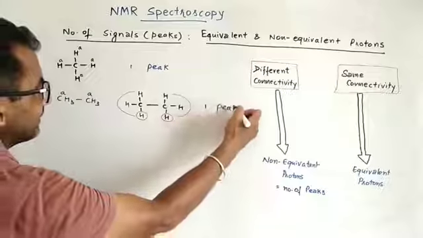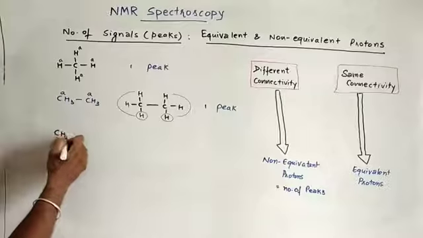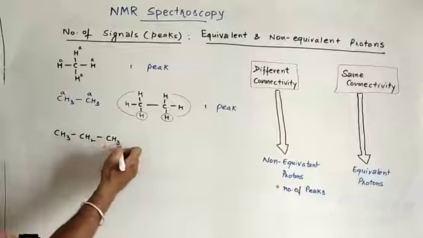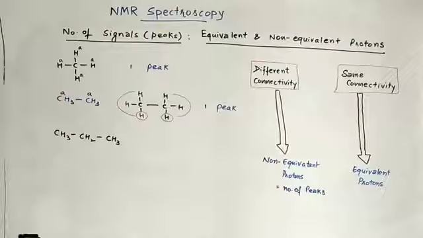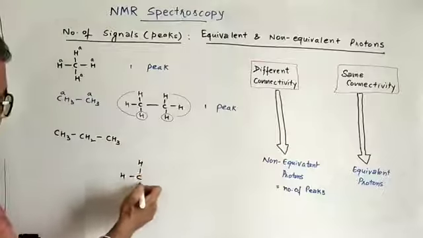Again, this compound gives one peak. In this way, you have to compare. Now the next is CH3, CH2, CH3. If you open up this structure, you will get the structure of propane.